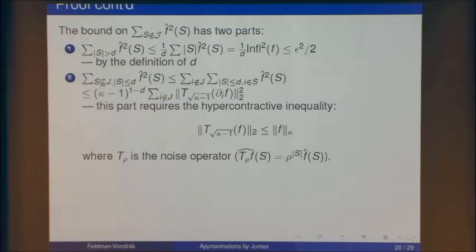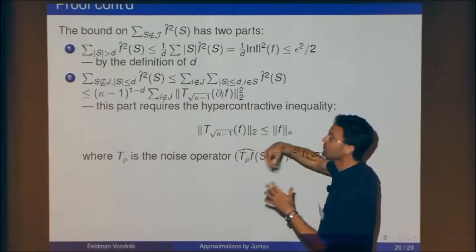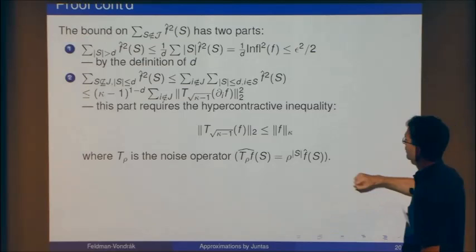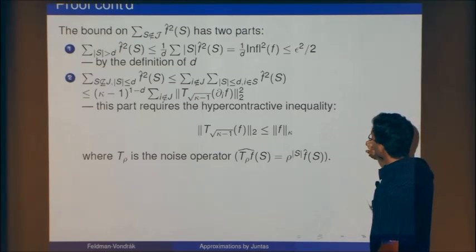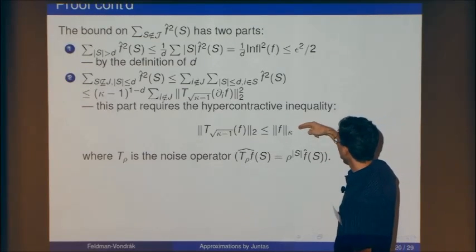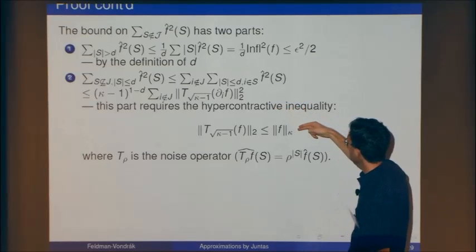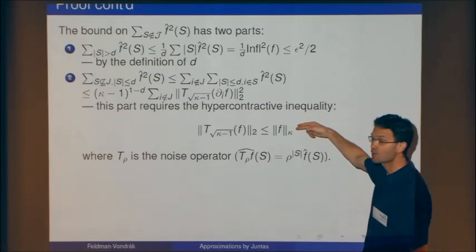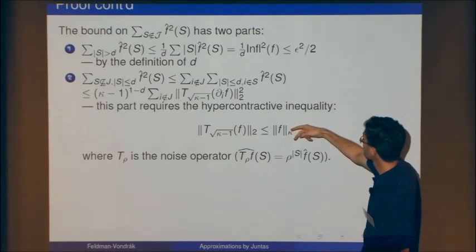And then the coefficients which are possibly not inside J, they're smaller than D, but they have something outside of J. We have to bound those, and that's where the hypercontractive inequality comes in. So what's going on here? After using the hypercontractive inequality, we need some kind of bound on the L kappa norm of something.